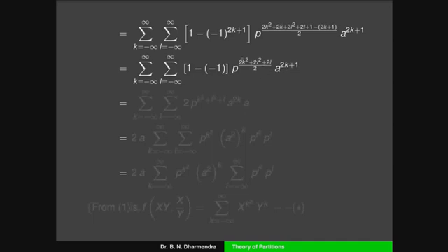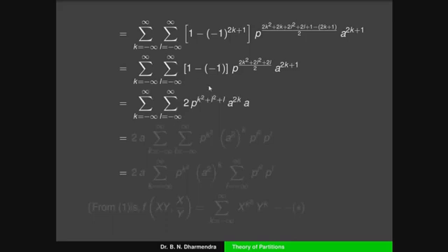Here, in both the numerator and denominator, the terms containing 2 will get cancelled, and 2 e to the power of 2k plus 1 can be written as e to the power of 2k into a. Here 1 minus of minus 1 becomes 2.